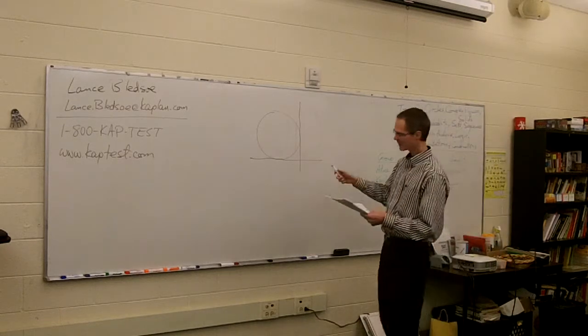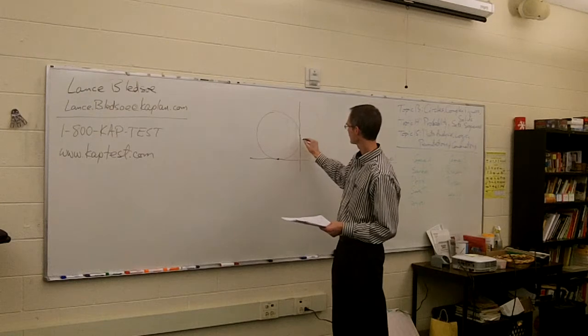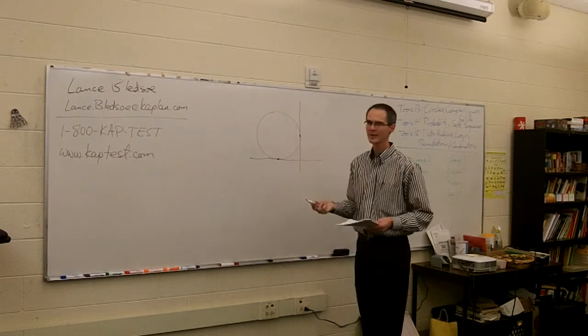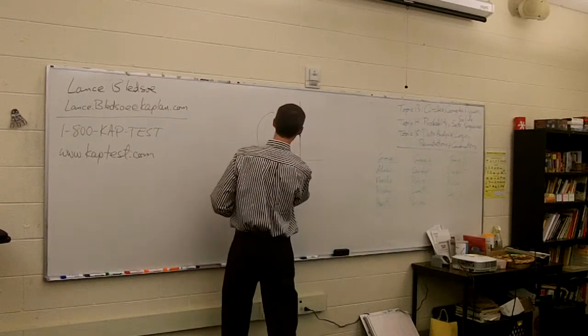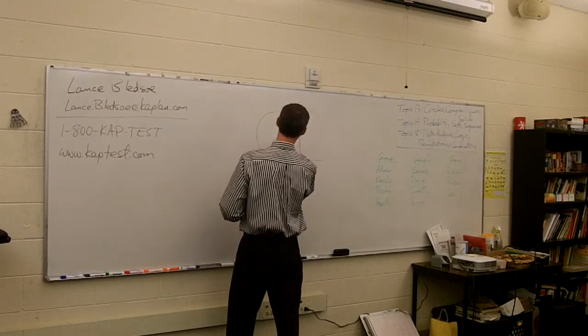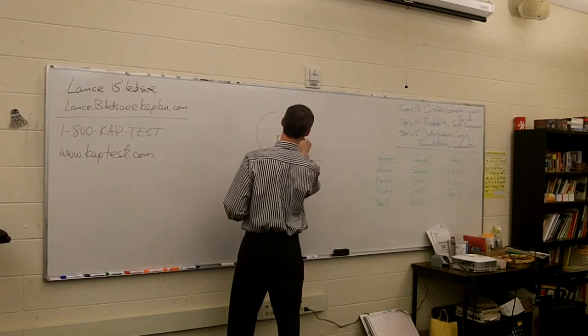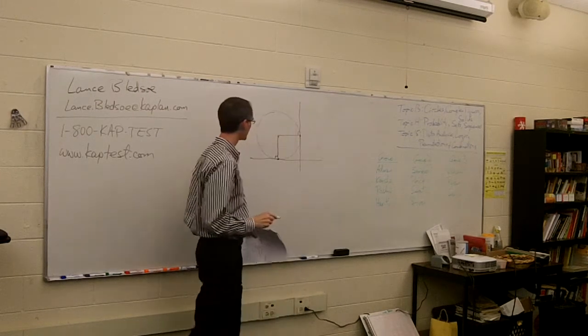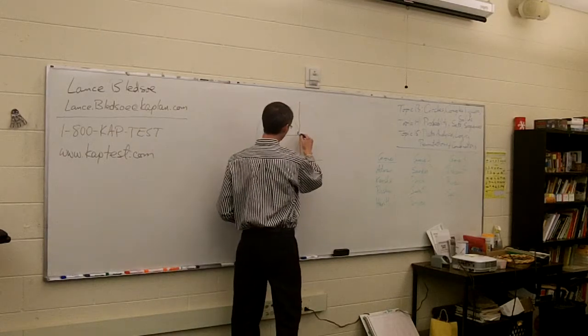And we're told that these 2 lines are tangent to the circle at these points right here. So anytime I've got a line that is tangent to a circle, I know that if I draw a radius to that point, that radius is going to be perpendicular. So if I draw in two radii, then they're going to be perpendicular.